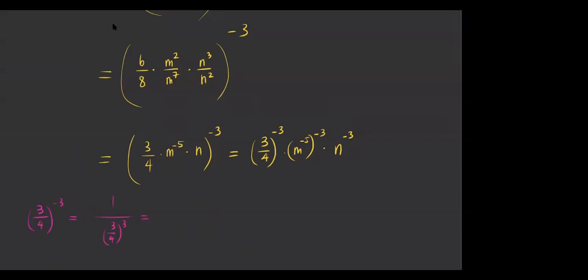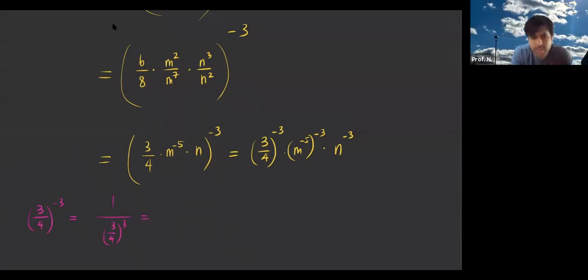And then what is 3 over 4 cubed? How do I interpret 3 over 4 to the third power? Isn't this just 3 over 4 times 3 over 4 times 3 over 4? And when you multiply fractions, don't you multiply them across? So 3 times 3 times 3 is what? Isn't this 3 cubed?